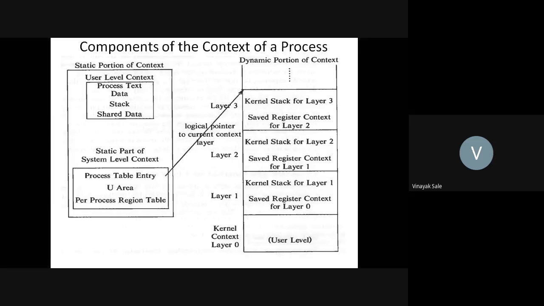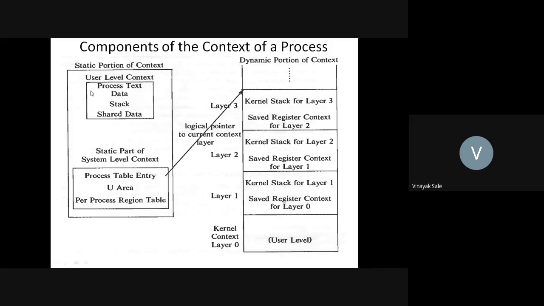See in this figure, the left side table contains the static portion of context, and the right side table contains the dynamic portion of context. In the static portion there are two parts: user level context and the static part of system level context.